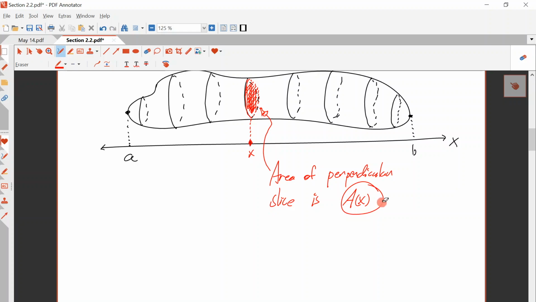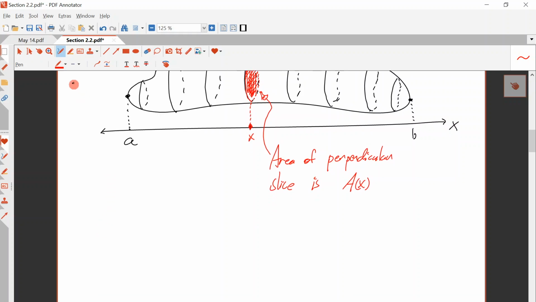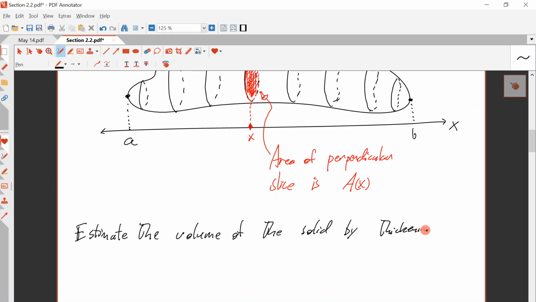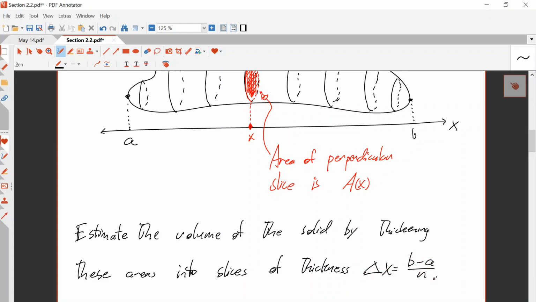But once you know what A(x) is, a function of x that measures the area of this slice, what you can do is estimate the volume of the solid by thickening these areas into slices of thickness delta x equal to (b minus a) over n.